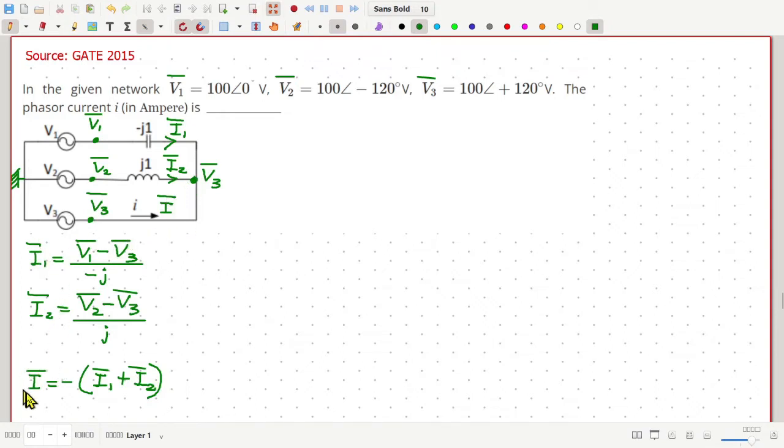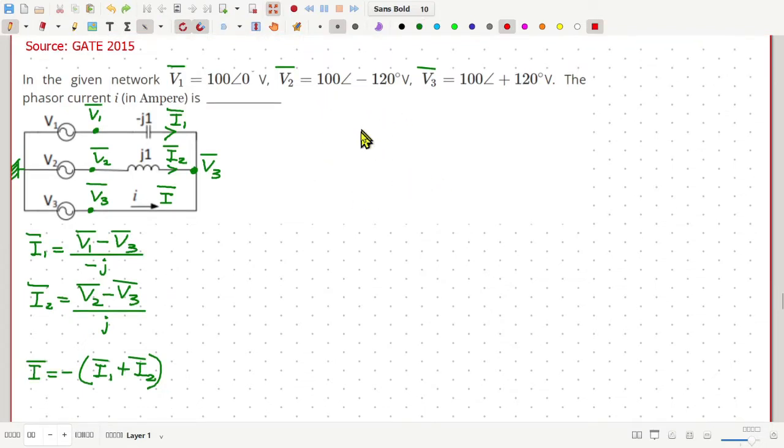Then to calculate the value of this current I, we may use a phasor diagram. Let us draw a phasor diagram. Suppose this is V1 at an angle of 0 degrees.